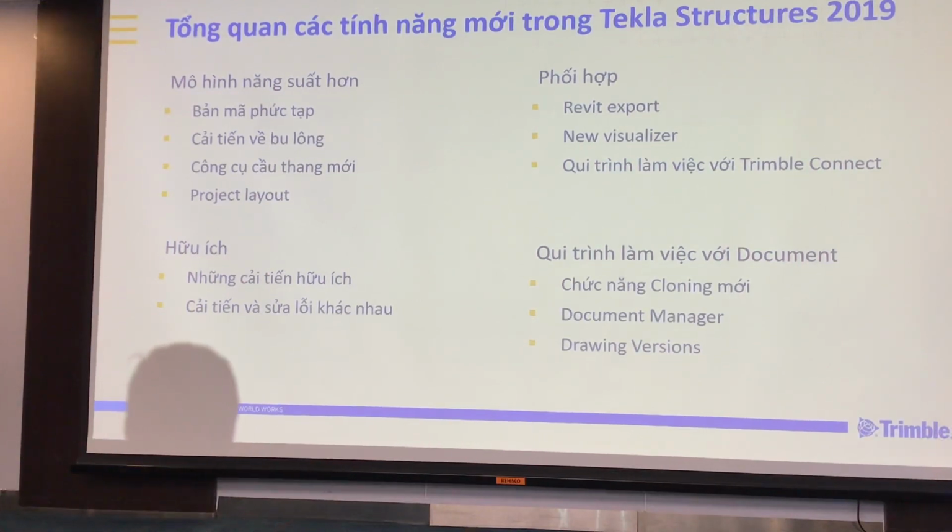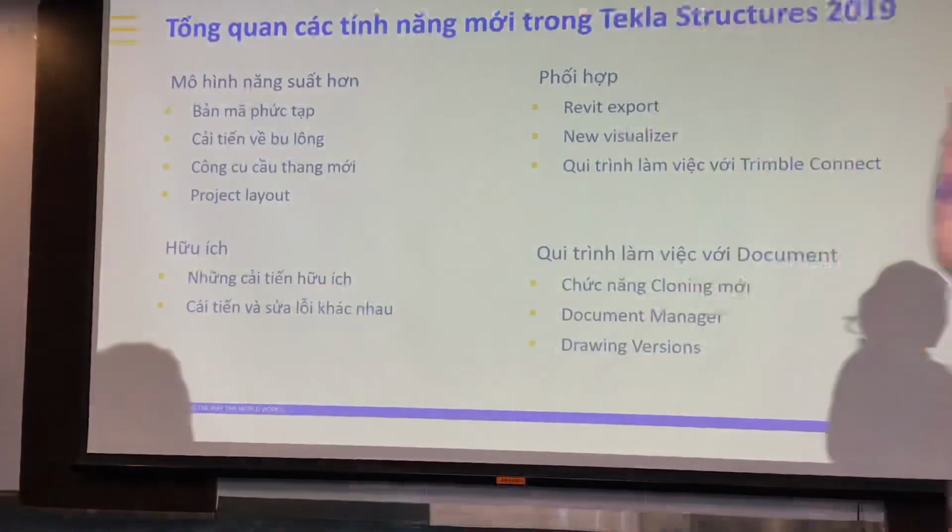I can see you present the new feature in Tekla 2019. And so I saw from the two sections, round section, we can make the compact object from two sections, round and square.